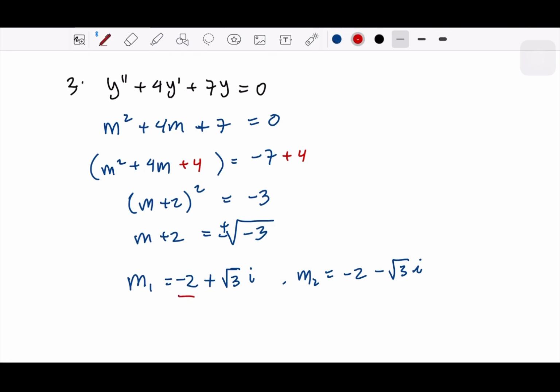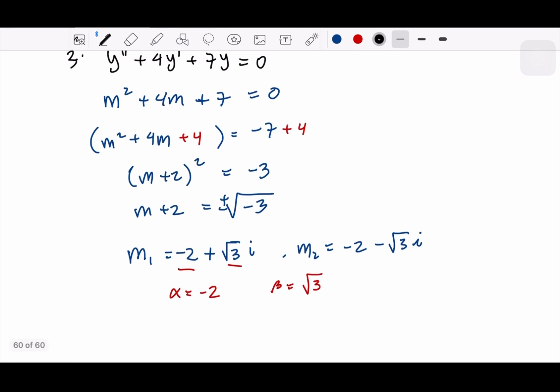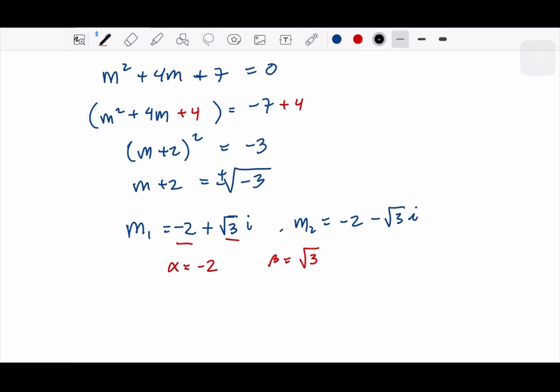So this is the alpha, and beta is square root of 3. Now to write down the general solution, we could use e to the power of alpha x, right? Alpha is negative 2, so e to the negative 2x, and write down cosine beta x plus sine beta x, like that.